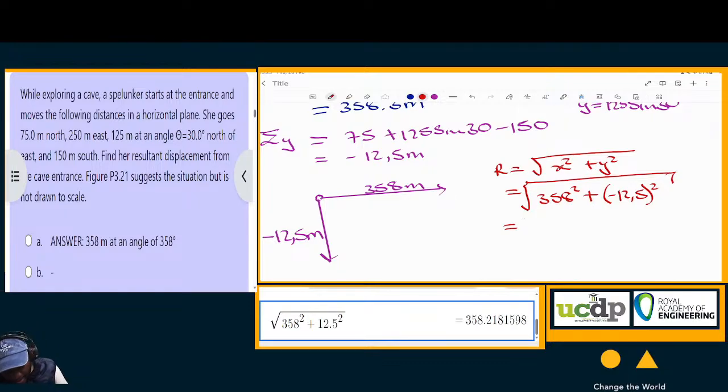So the answer you get as your resultant there is 358 meters. And that becomes your resultant.